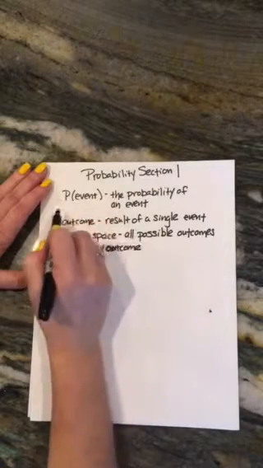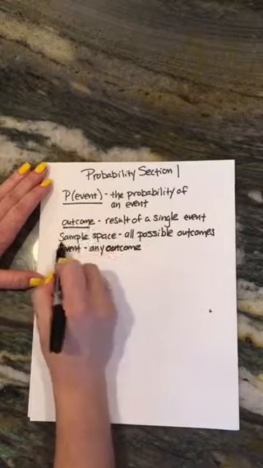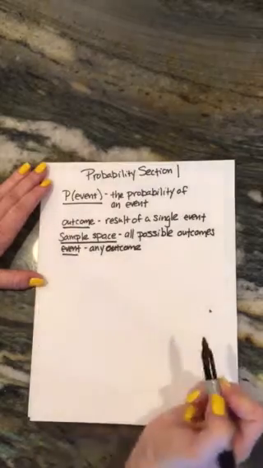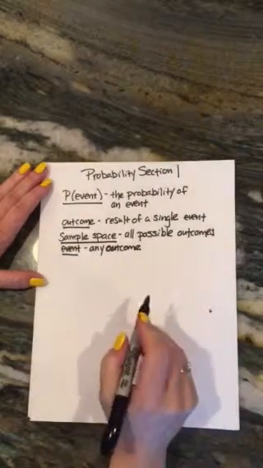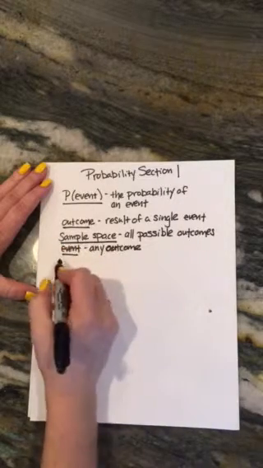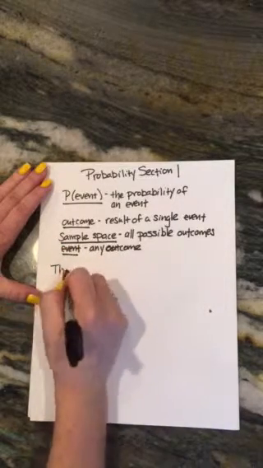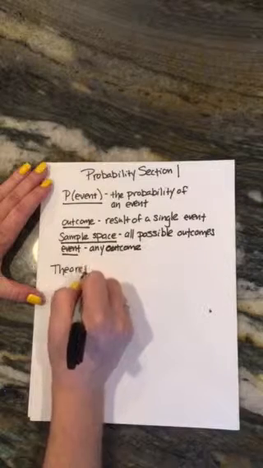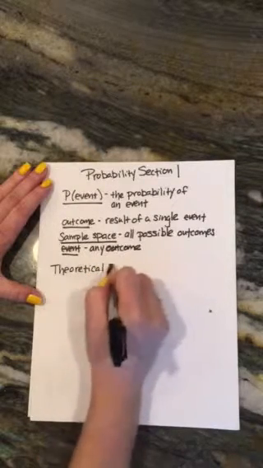Okay, so here are some vocab words that we're going to use throughout all of our sections in probability. So let's talk about theoretical probability. That sounds very fancy. Theoretical probability.